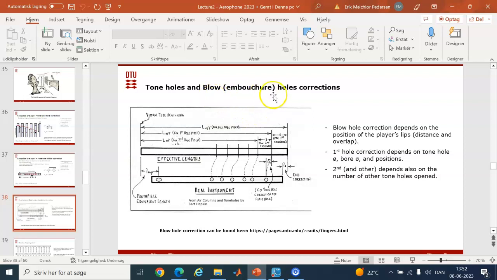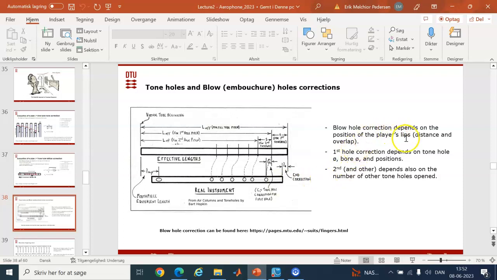Tone holes and blow embouchure holes corrections are a little bit difficult again. Real instrument, physical length: the effective length is the sum of the mouthpiece equivalent length plus the end correction. The effective length is the sum of those corrections and the physical length.